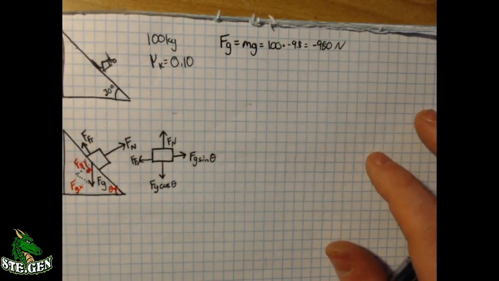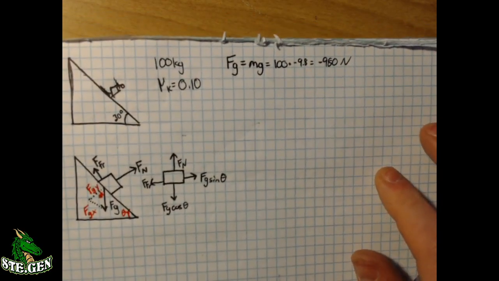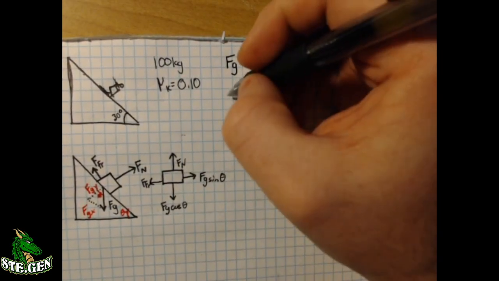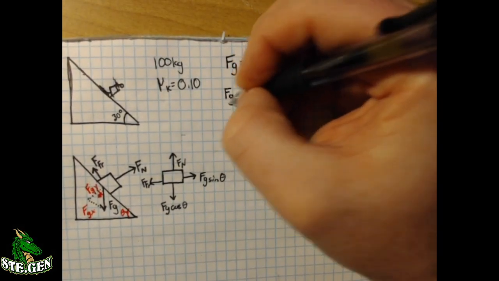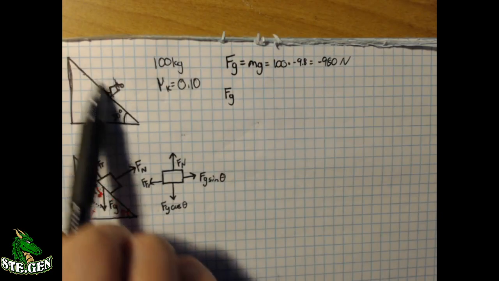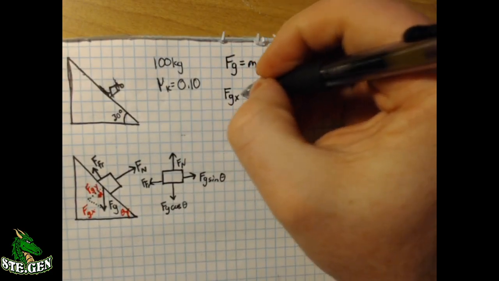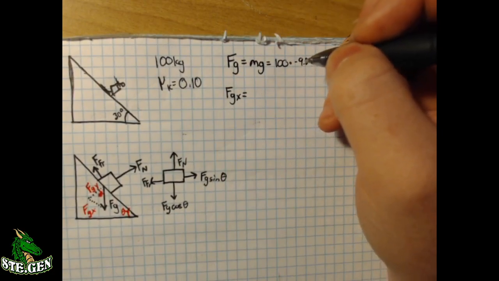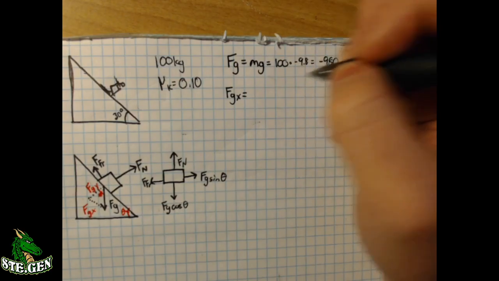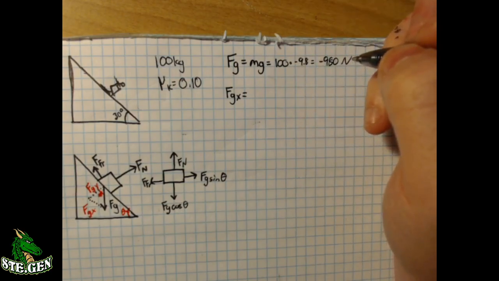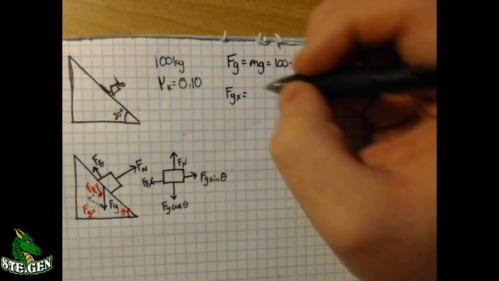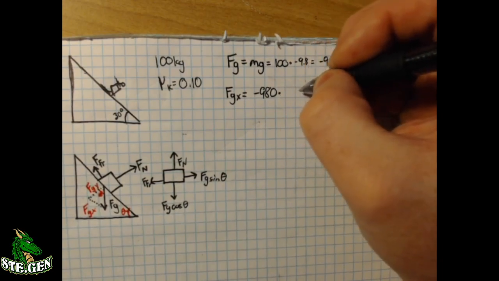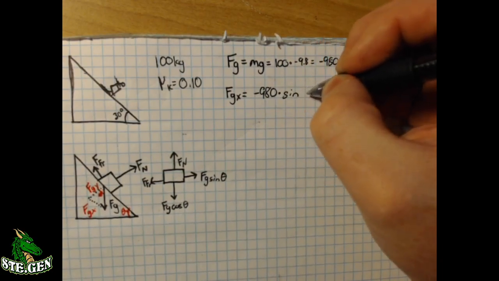But because of that force of gravity, and because it's not being pulled in one direction this time, we actually have to split it apart. So we'll have the force of gravity in the x direction, which is the actual plane that it's traveling down, which will equal 980 times sine 30.